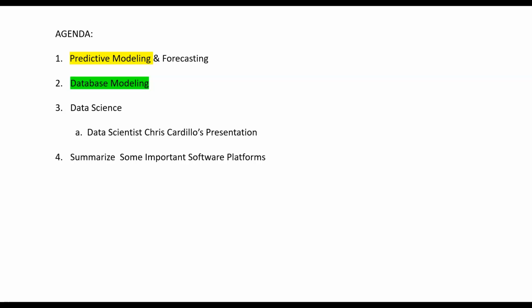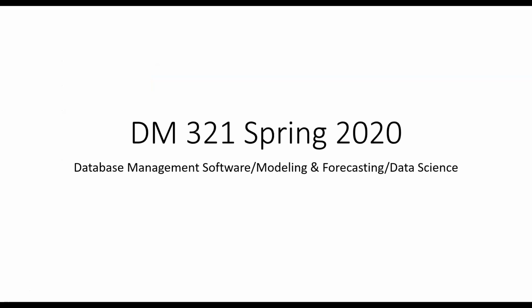We looked at Chris's presentation, and I did my best to take you through what I could remember of it. And then we finished by giving you a list in a couple of Excel charts of some important software platforms and what they did. And hence we are finished with a lecture on database management software, modeling and forecasting, and data science. Okay.